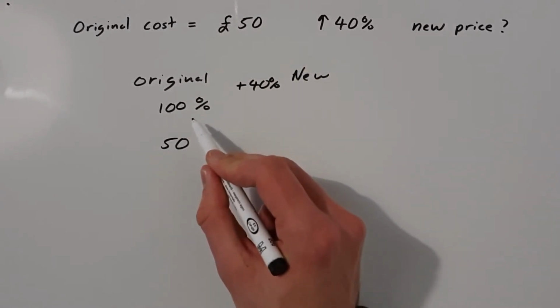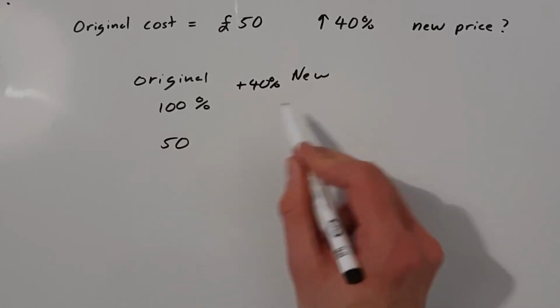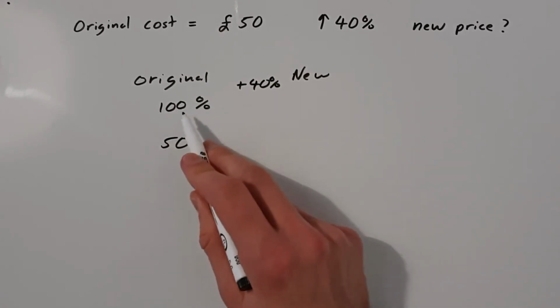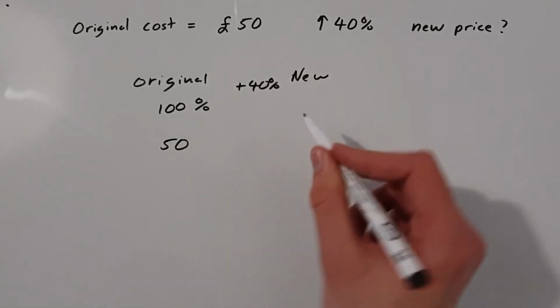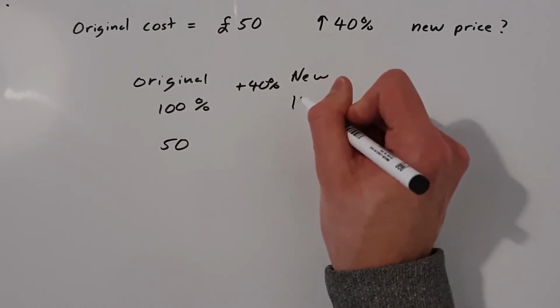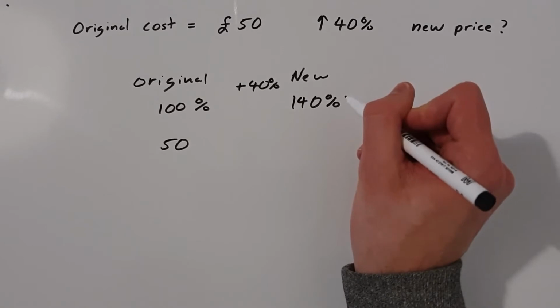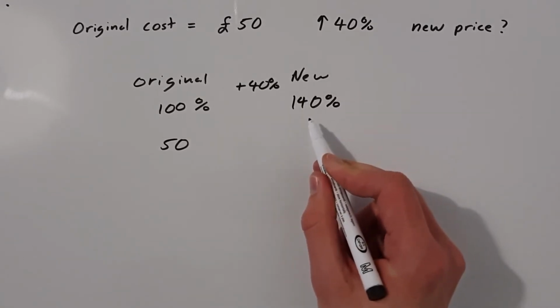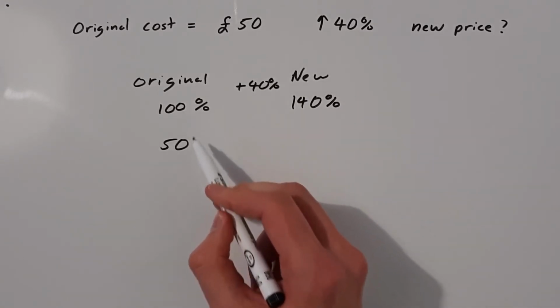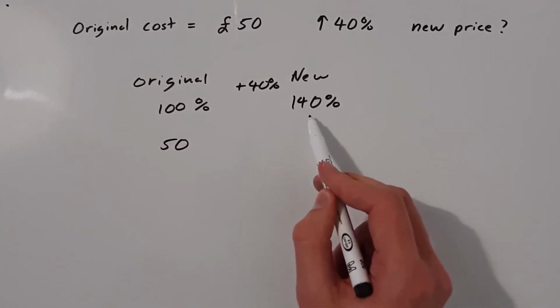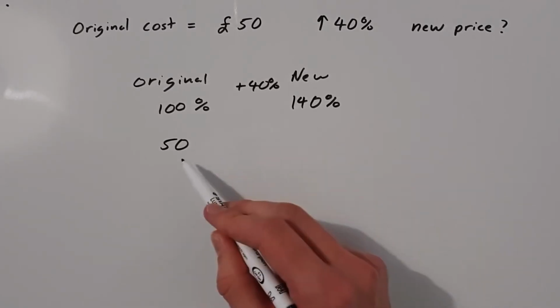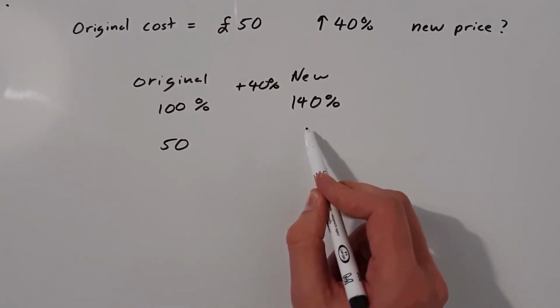Okay, so that means that the new percentage, because there's been an increase in 40%, is 100 plus 40. So the new price is 140%. Okay, so the original was 100% and that was 50. The new one is now 140% of the original, and we're not sure what that is yet.